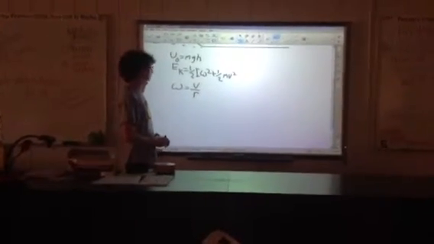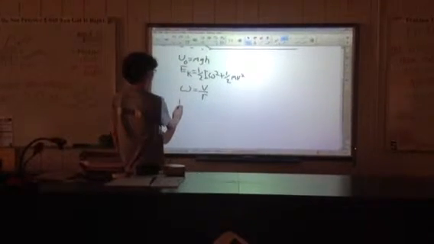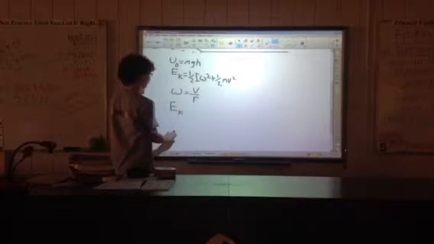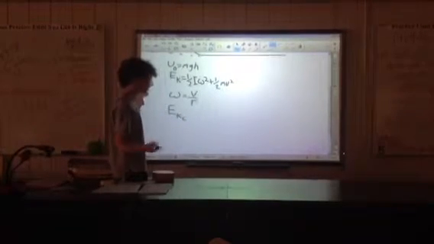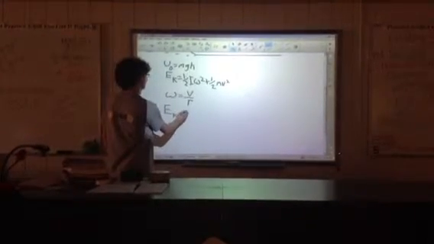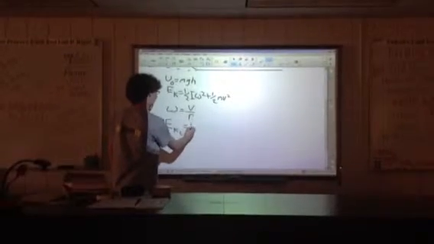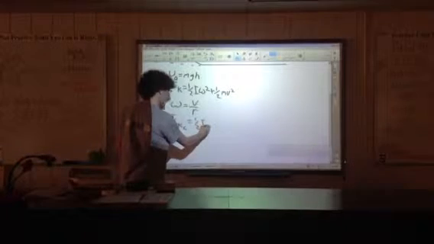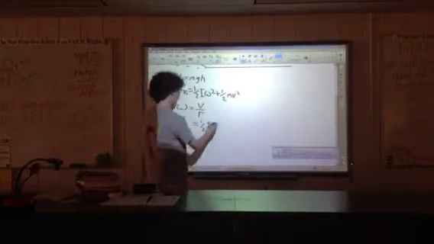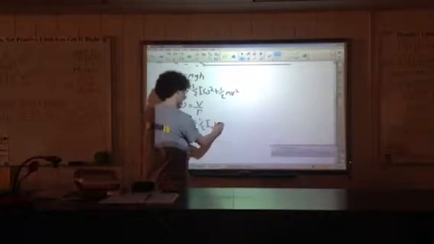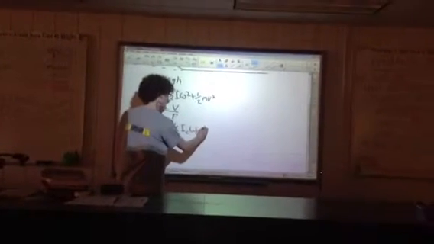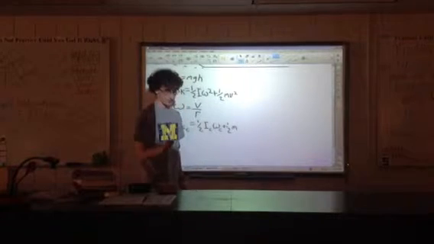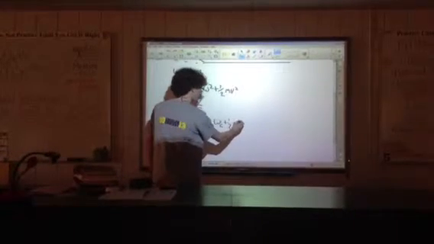So, the kinetic energy of the hollow disk is given by 1/2 I of the hollow disk times the angular velocity of the hollow disk squared, plus 1/2 mass, the mass is the same for both, times v squared.